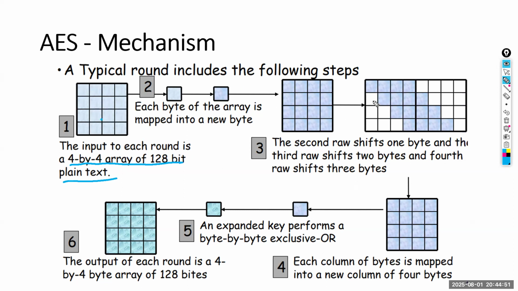You can see this is shifted once, this is shifted two, this is shifted three, and this is not shifted. Shifting is not the only processing, but at the end, this shifting also happens. The zeroth row shifts 0 times, the first row shifts one, the second row shifts two, and so on.